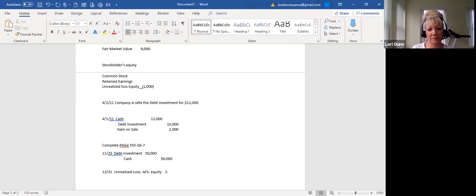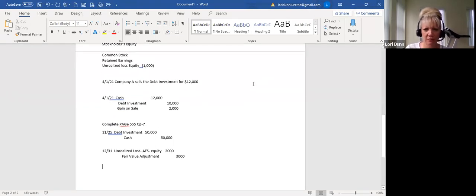For 3,000. Right. So we debit our unrealized loss in equity, because that unrealized loss gets reported in the equity section. And we credit the fair value adjustment account because we need to decrease the debt investment by $3,000. Good. Questions on those so far?